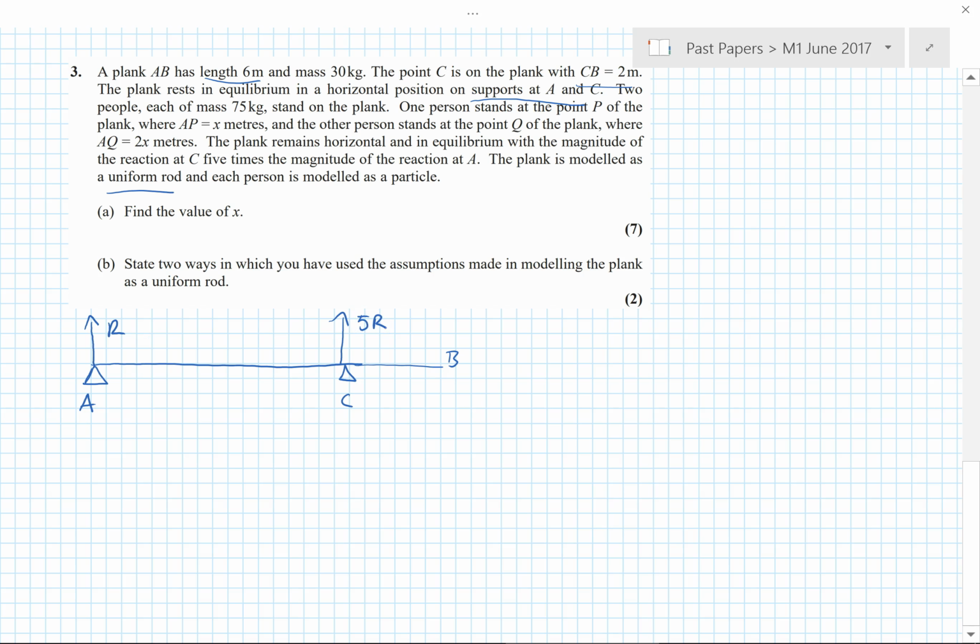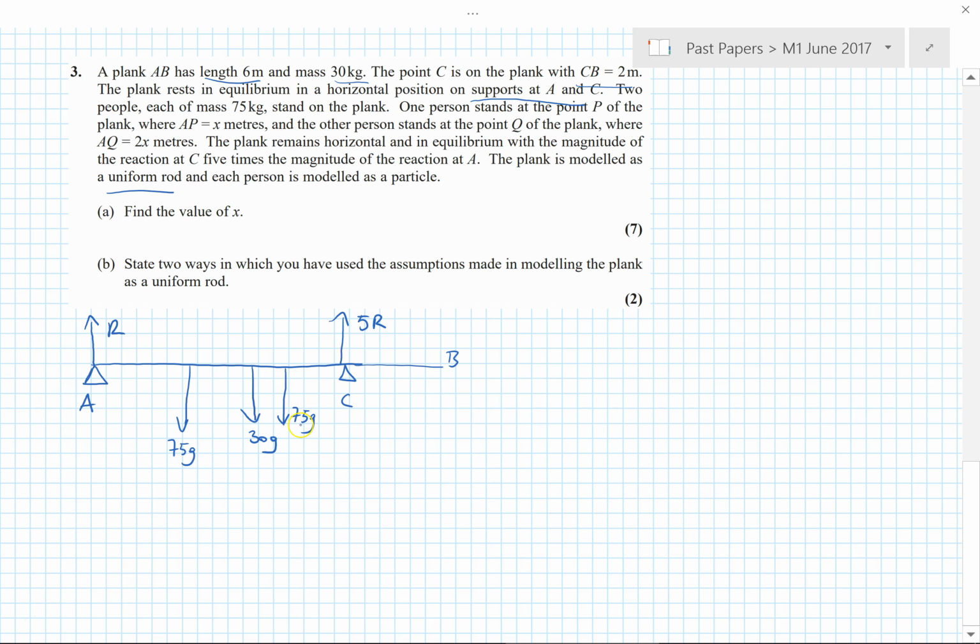Now it's a uniform rod, so let's put the centre of mass, and the mass is 30 kilograms, so the weight is 30G. And we've got 2 people of mass 75 kilograms at x and 2x away. Let's say 75G and 75G.